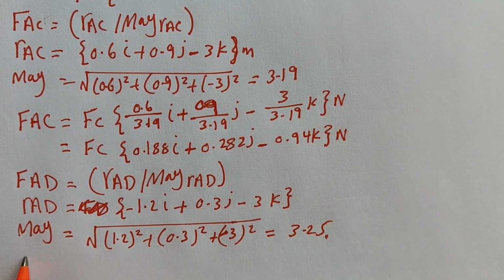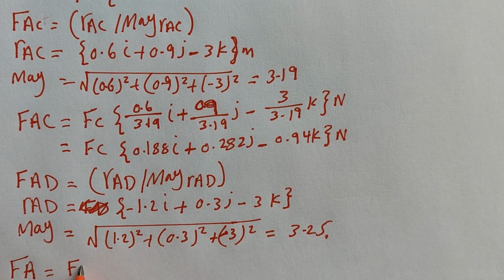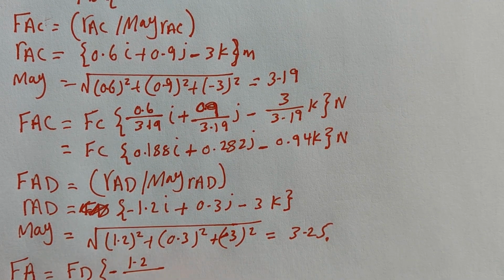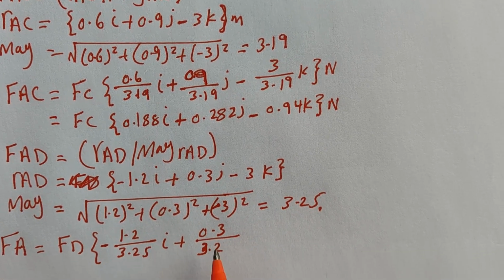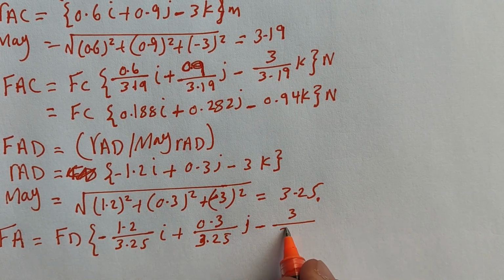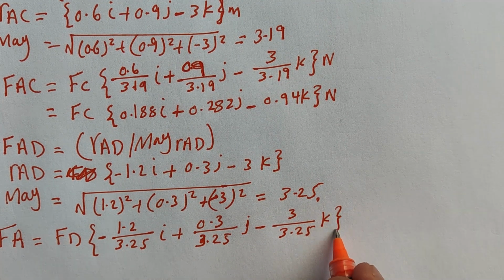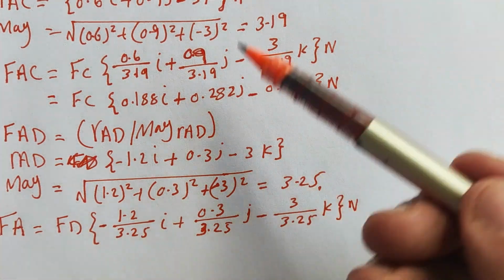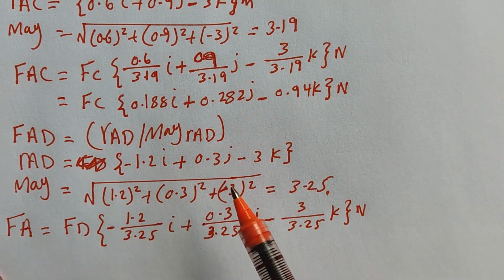So now representing FAD in Cartesian form will equal FD times negative 1.2 divided by 3.25 i, plus 0.3 divided by 3.25 j, minus 3 divided by 3.25 k. So this is for FD. Finally, these are all the forces acting there, represented in Cartesian form.